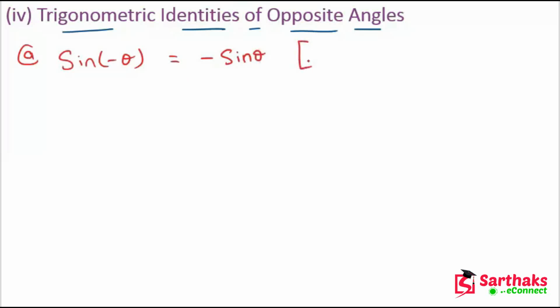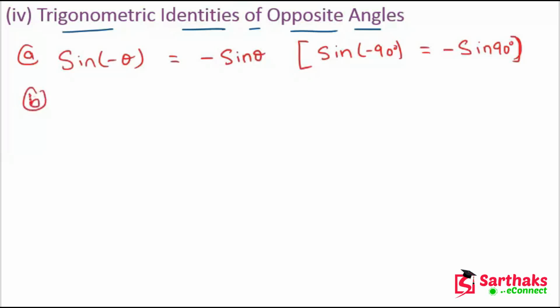Let's suppose we have sine minus 90 degree, but we don't know its value. We can take the minus outside and it becomes sine 90 degree. Now we know the value of sine 90 degree, so this will become minus 1. I hope you understand this.